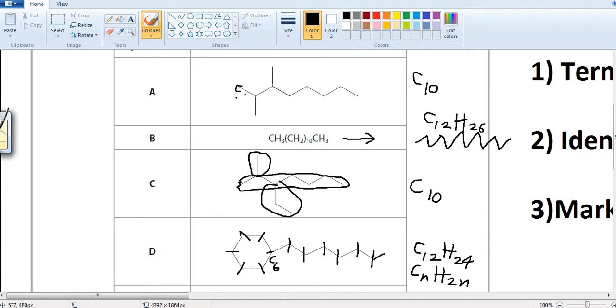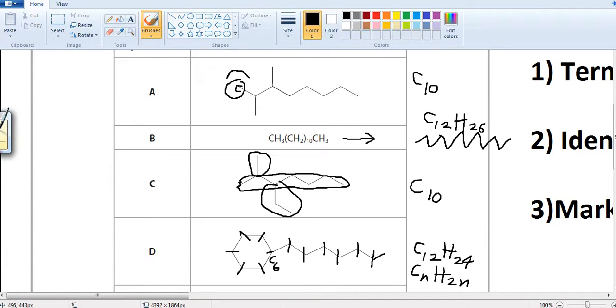Okay, and that carbon and this carbon are now given to this one. 1, 2, 3, 4, 5, 6, 7. Yes.